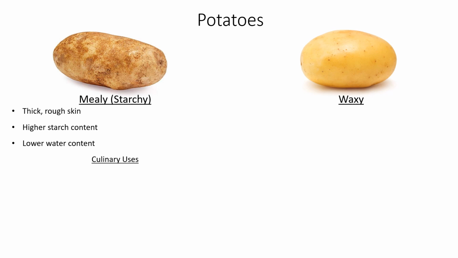And what we can do with these potatoes that have these characteristics, well, if you take a look at this potato, you should recognize it. The mealy potatoes cook to a light, fluffy texture, making them perfect for things like a baked potato. When you order baking potatoes, or at the grocery store you see baking potatoes, they will be mealy potatoes. So they're excellent for that.